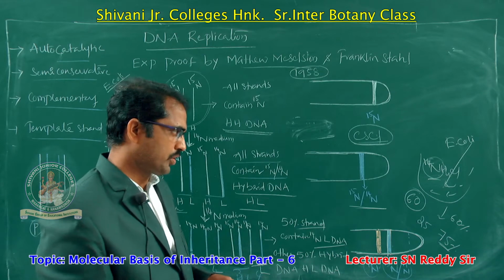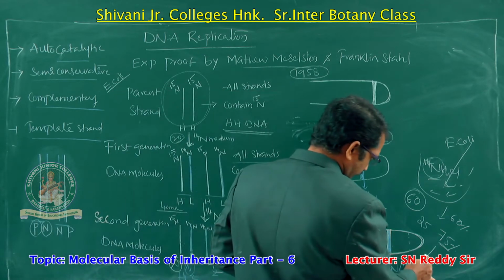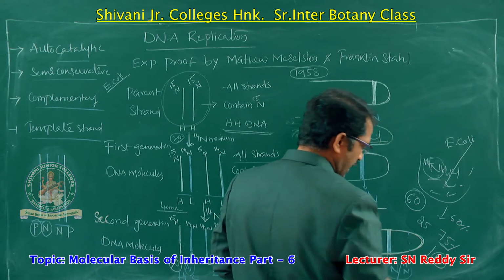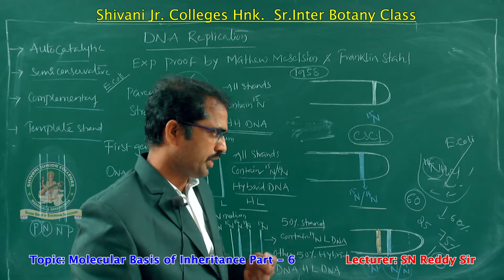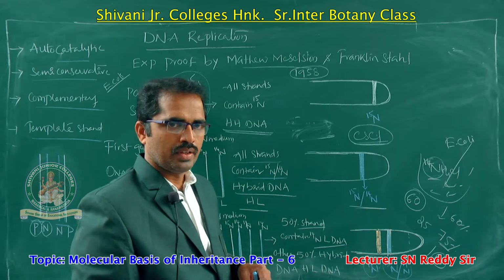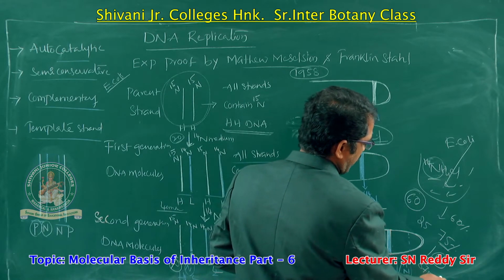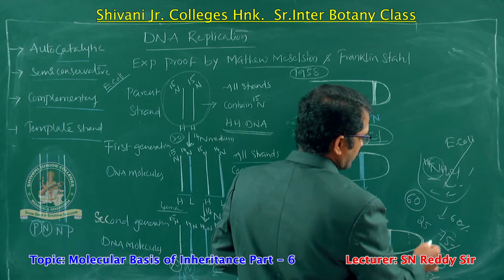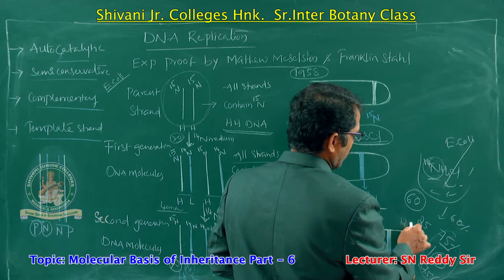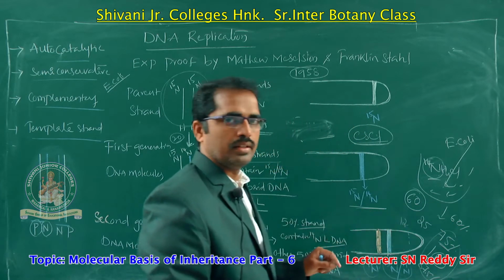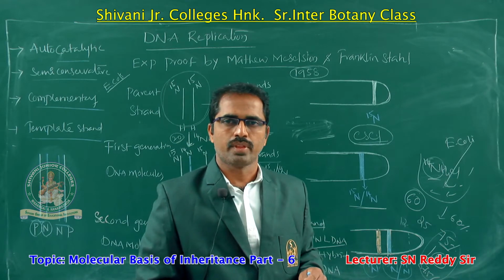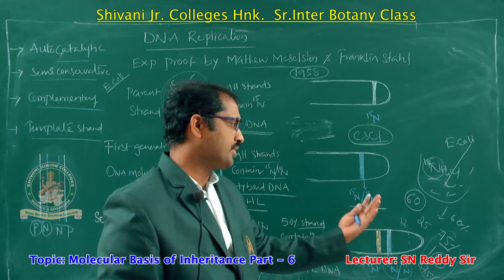Again, for another 80 minutes, you calculate: 87.5% is light DNA, and the remaining percentage is hybrid DNA. So how does this happen?